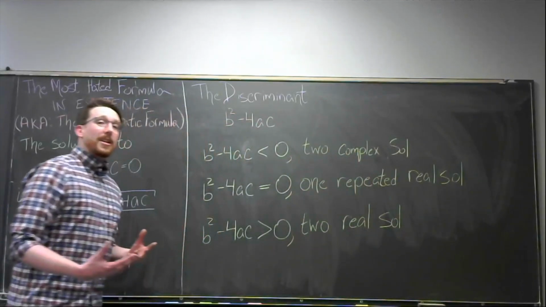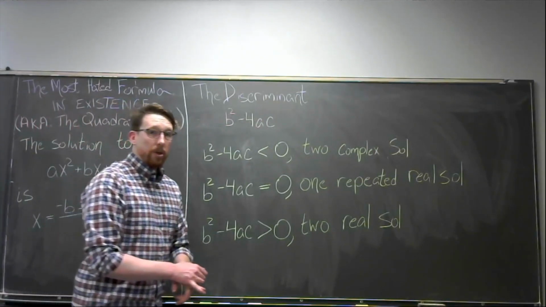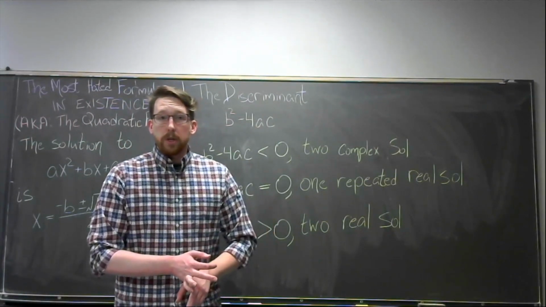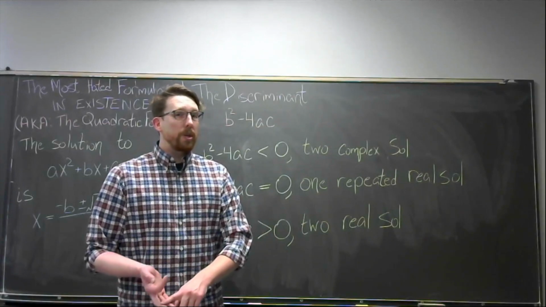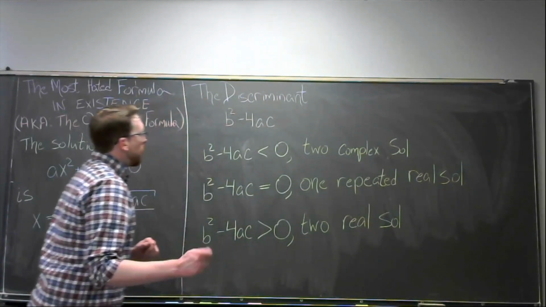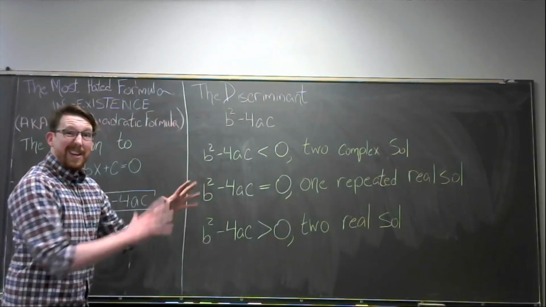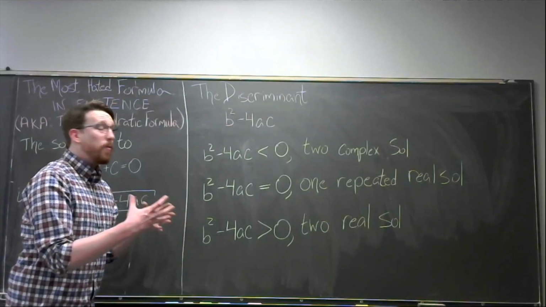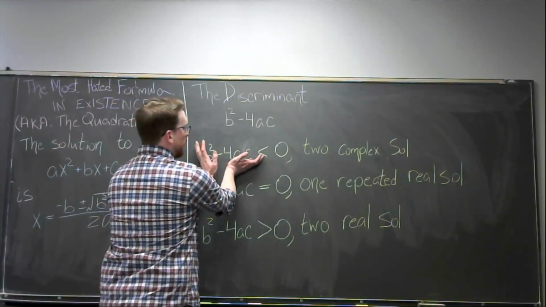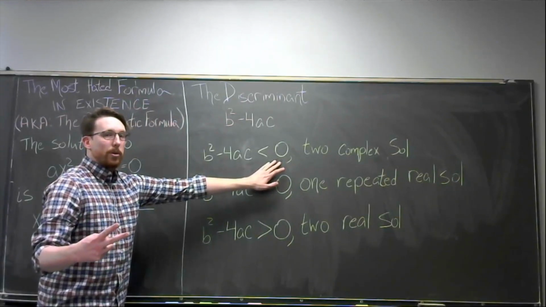And what the discriminant tells us is whether we're going to have complex solutions, real solutions, and if we have real solutions, are they going to be repeated? And the way it tells us that is just by what it's equal to. If the discriminant is less than 0, we're going to have two complex solutions.